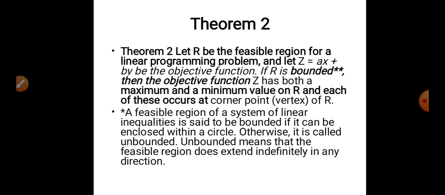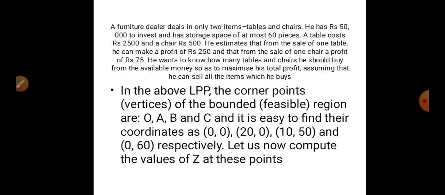If R is bounded, as we are taking in this case, then the objective function z has both a maximum and a minimum value on R, and each of these occurs at a corner point of R. It means we will get the maximum or the minimum value of the objective function in any problem by taking only corner points. A feasible region of a system of linear inequalities is said to be bounded if it can be enclosed within a circle. In this case, this is bounded.